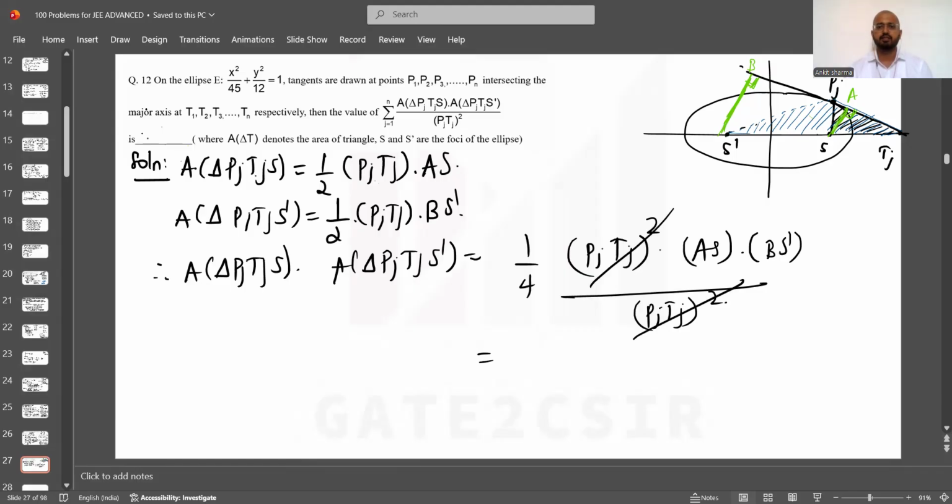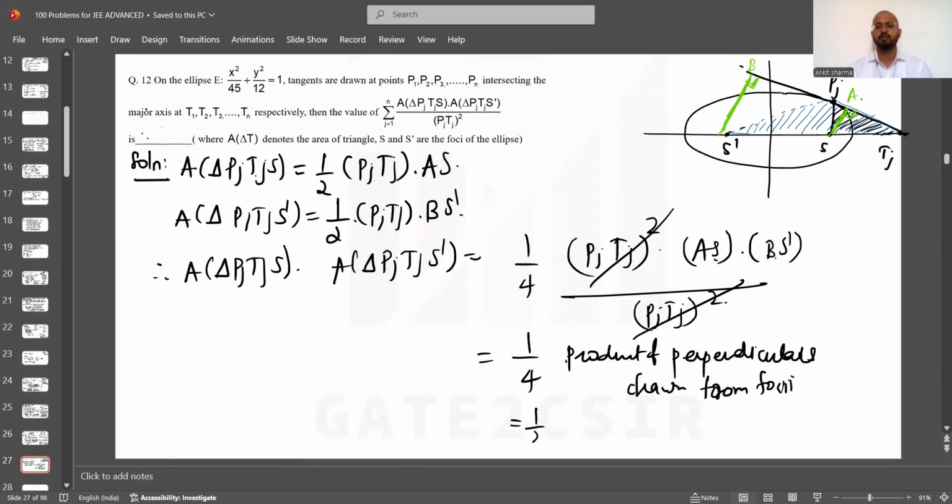And now I get simply 1 over 4, and then AS into BS dash I want. So AS into BS dash is nothing but the product of perpendiculars drawn from foci, which is nothing but the square of the semi-minor axis.